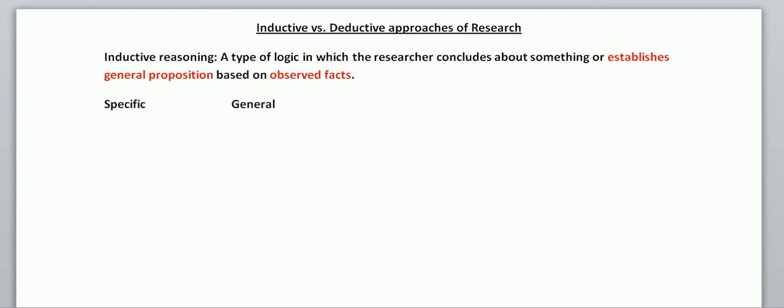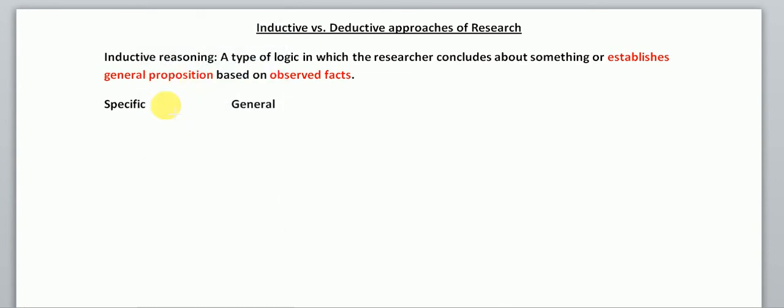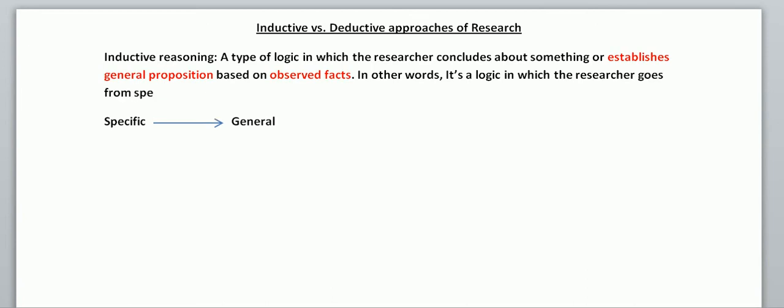So let me explain it with an example to make it more clear, okay? Or let me make it even simpler. We can say in other words, it's logic in which the researcher goes from specific to general, okay?